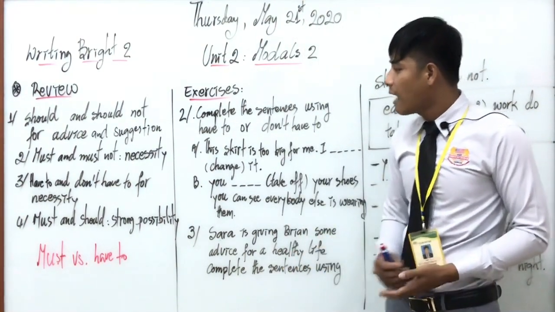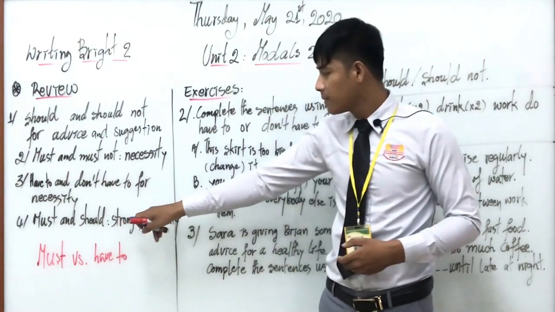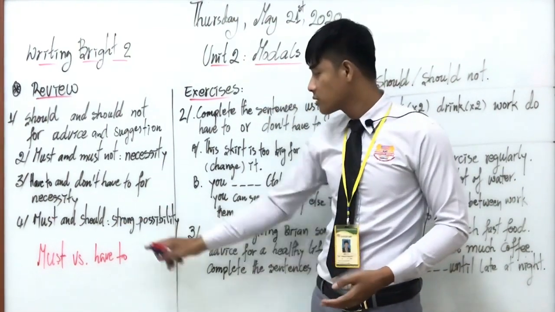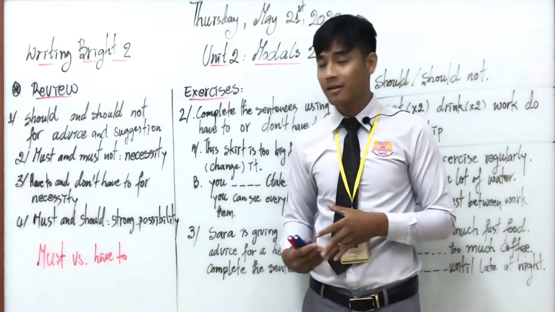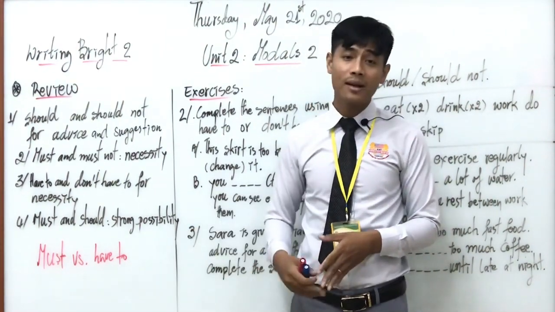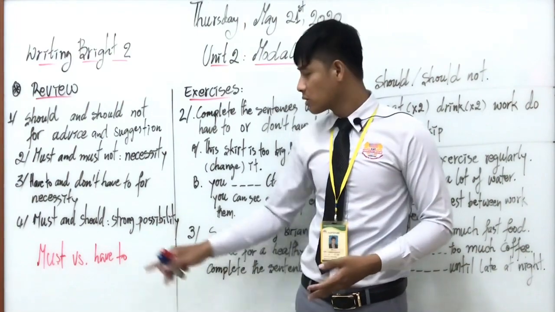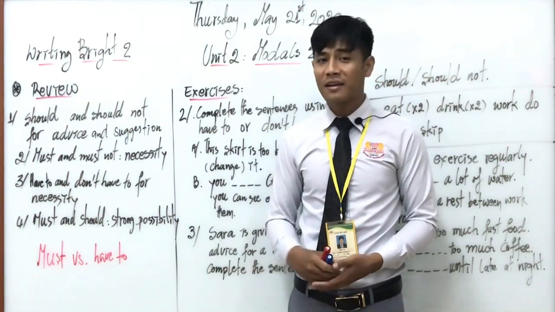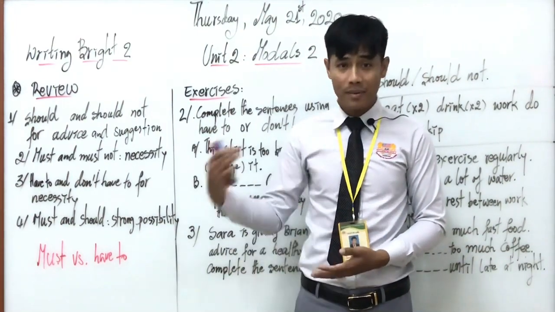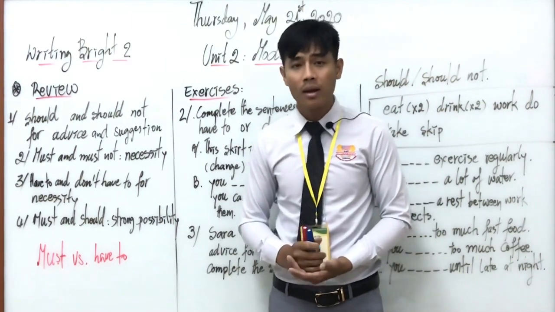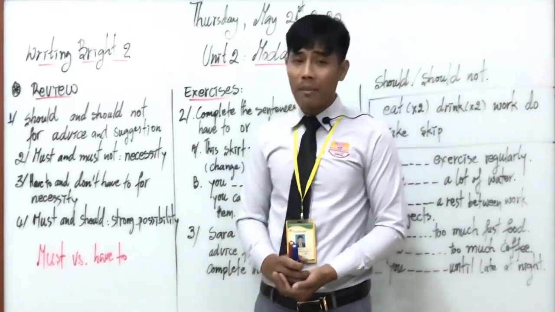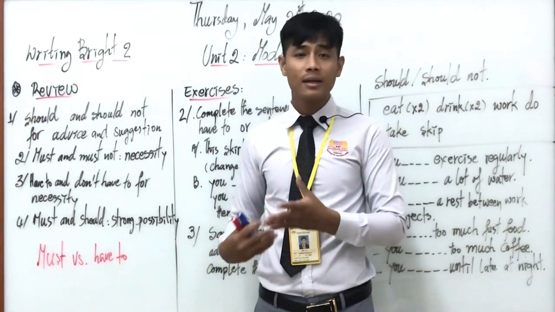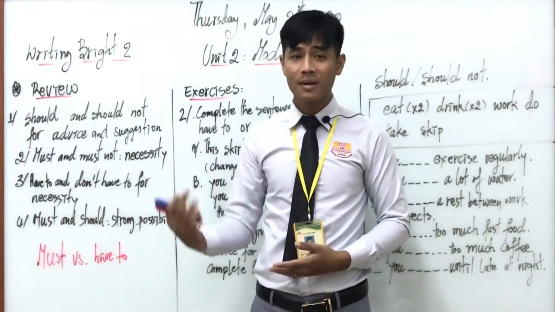Good. And how do we use must and should for strong possibility? You know already about possibility. Possibility means something may happen. So strong possibility can be 90% or 100% sure to happen. For example, I say my friend must be a good person.